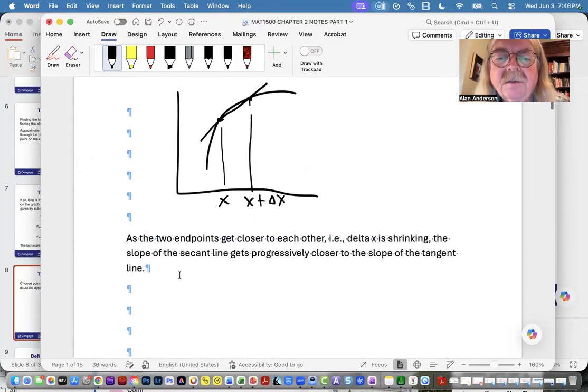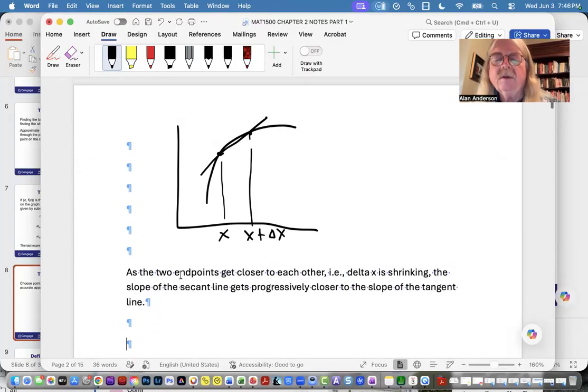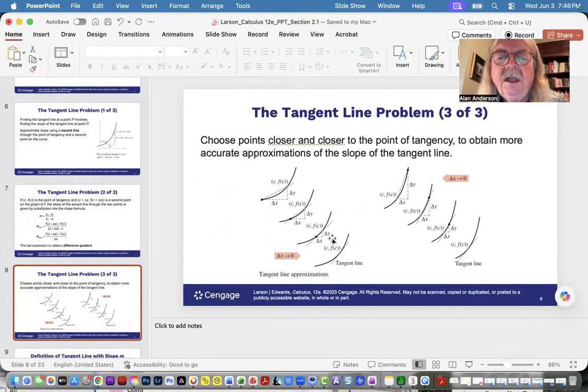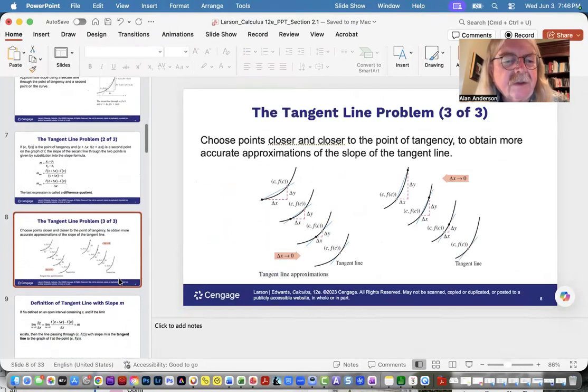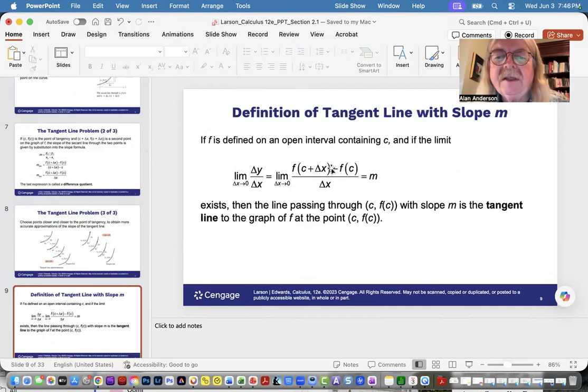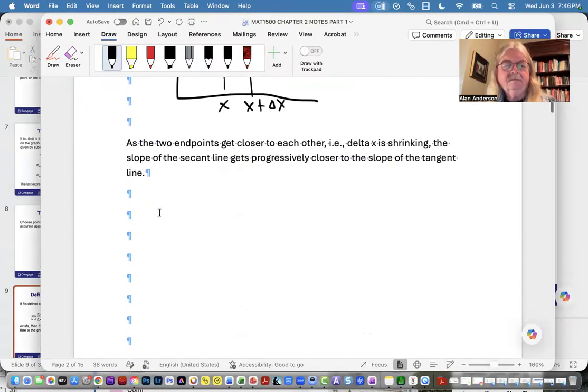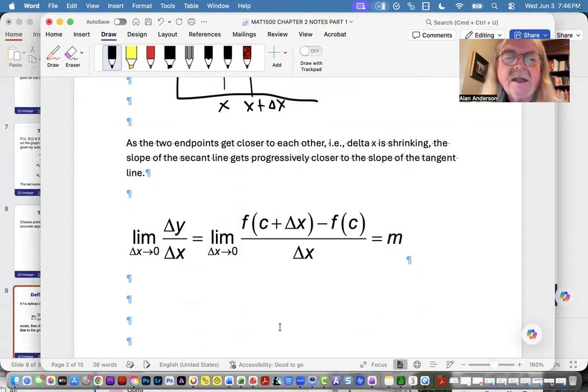So with all that being said, we're going to take this expression and do something very interesting with it. We're going to take the limit as delta x approaches zero. Of course, we now know what limits mean and how they work.